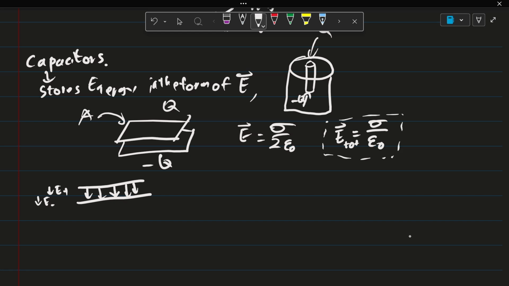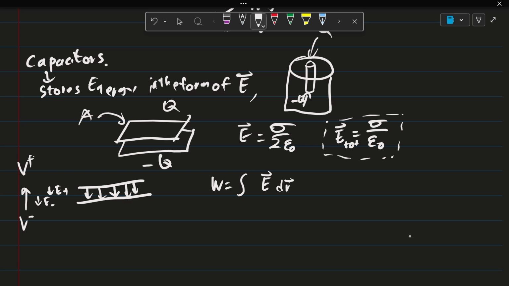So we can now determine what's the work. The work is pretty much the integral of the electric field with the dr vector. And let's just take the dr vector goes from here to here. So this will be the lower one, and this will be the higher potential. This is higher potential. I'll say V positive, and this will be V negative.